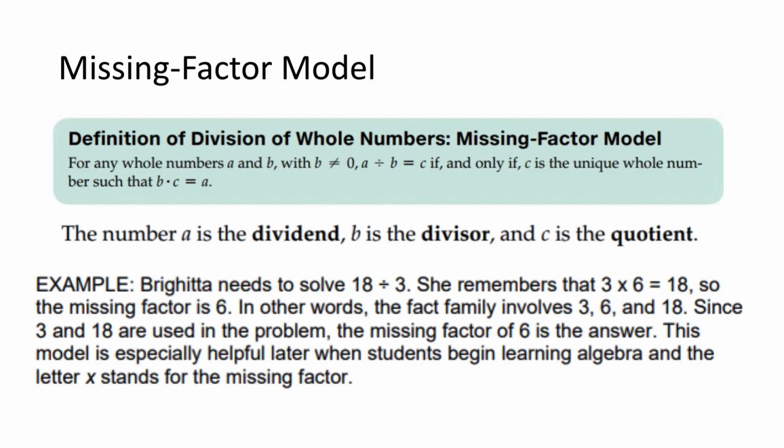In other words, the fact family involves 3, 6, and 18. Since 3 and 18 are used in the problem, the missing factor of 6 is the answer. This model is especially helpful later when students begin learning algebra, and the letter X stands for the missing factor. Does that make sense to you?